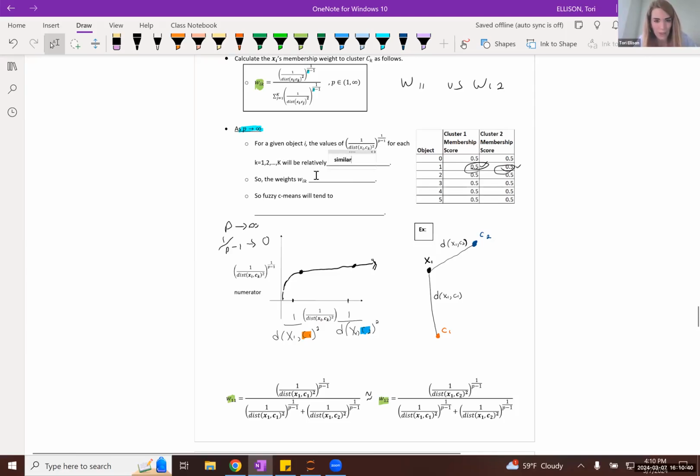And so therefore, the corresponding weights in a given row will look similar. In particular, it's going to be 1 over k, the number of clusters, because basically these rows have to add to 1. So in this case, what we can see here is as we increase that fuzziness parameter P, fuzzy C-means will tend to return very fuzzy clustering membership matrices.